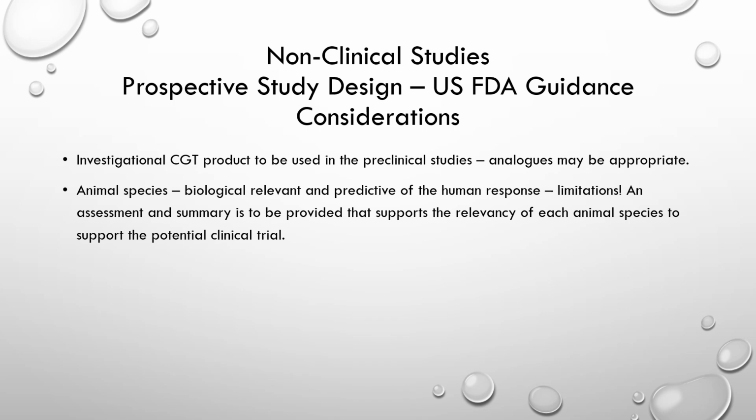The other thing is that you need to ensure that your animal species is biologically relevant, and you need to justify that. So you need to perform an assessment and provide a summary that supports the relevancy of each animal species to support the potential clinical trial.